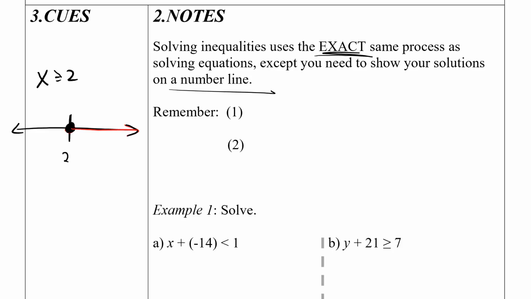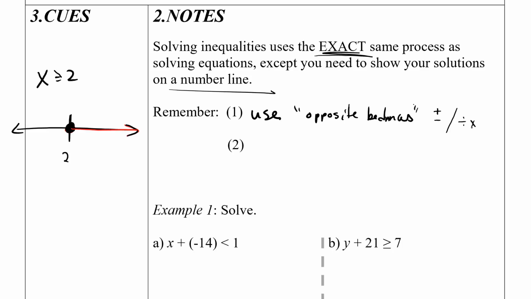The same thing applies. Number 1: use opposite BEDMAS. What I mean by that is, in general, we use adding and subtracting before we get to the division and multiplication.